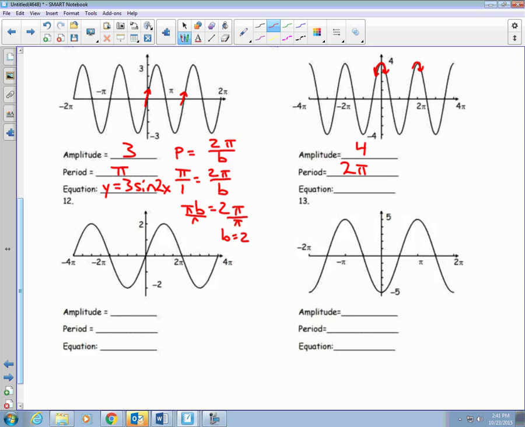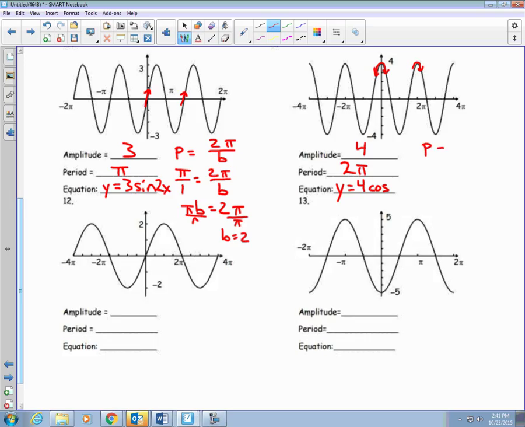Why is it cosine? Because it starts at the top. So I have to solve for the b value. I know a. What's the a value? 4. But I don't know what the b value is, do I? Okay. So I'll write it. Y equals 4 times cosine of, we got to figure it out.